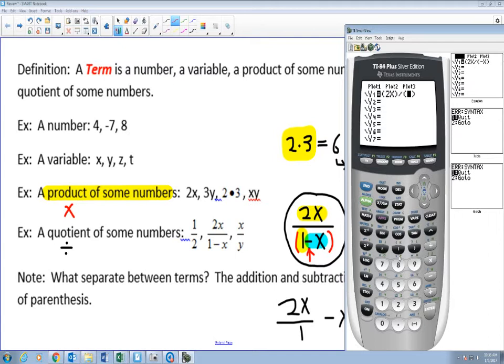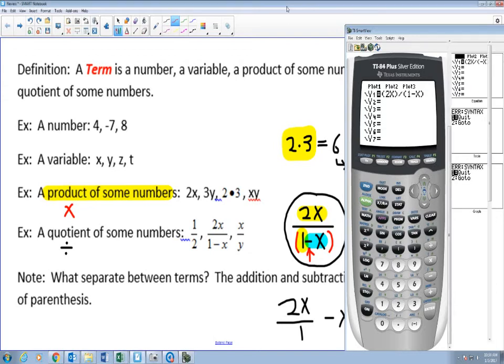Now in this case, the calculator will actually look at this correctly. So the calculator right now sees it as one term divided by one term. And we will talk about rational expressions in the next review video. And you will understand why I put the 2x in parentheses.